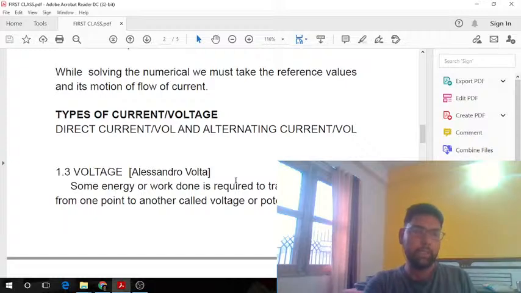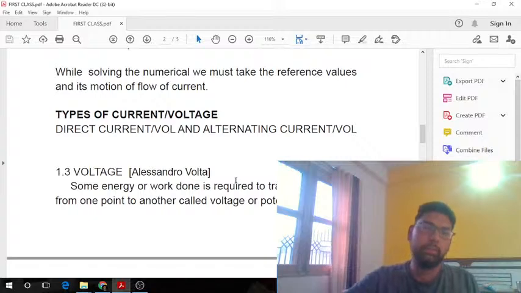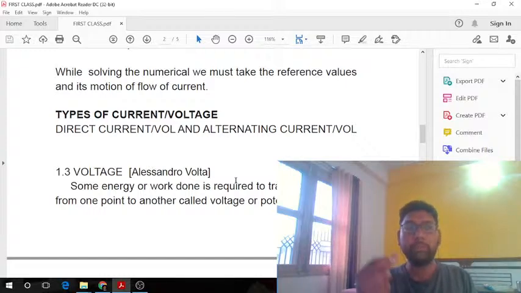For the current, it is direct current and alternating current, as well as for the voltage, it is direct voltage or alternating voltage. Direct means what we get from battery sources, cell sources, that is the direct voltage and energy, and that is the direct source, and whatever we get from the supply station, that is the alternating current and voltage.